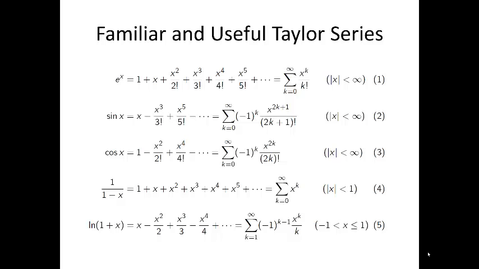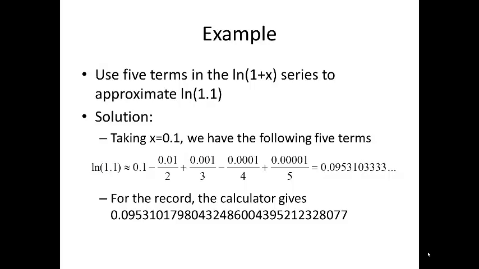So let's take an example of how to use some of these familiar and useful Taylor series. We can use 5 terms in the natural log of 1 plus x series to approximate natural log of 1 plus 1. Taking x equal to 0.1, we have the following 5 terms.